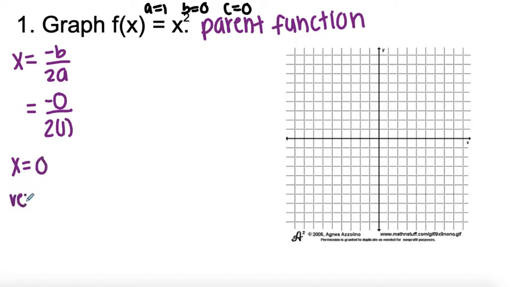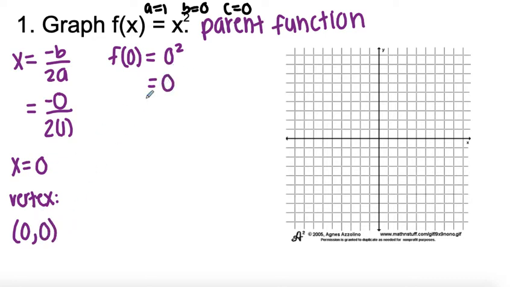So that means for my vertex, that first coordinate is going to be 0. Now to find my y-coordinate, I'm going to plug in 0 into my function. So I have f of 0 is equal to, well, instead of x squared, I'm going to have 0 squared. And well, 0 squared is just 0. So that means my vertex is at 0, 0.